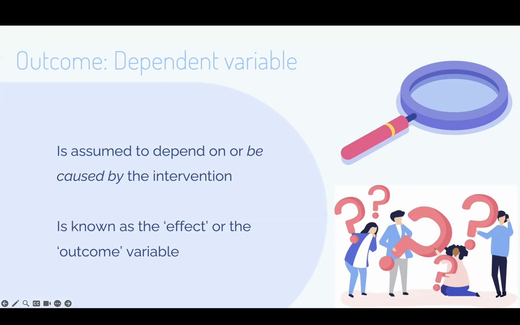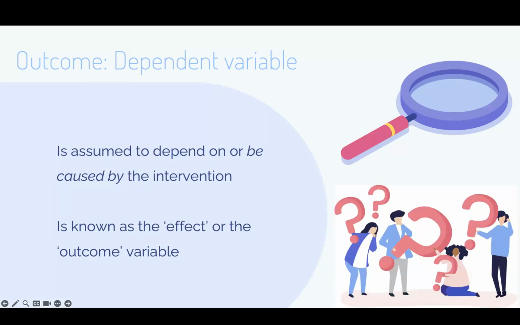The dependent variable is thus aptly named because its value depends upon the conditions set forth by the independent variable. It is what we observe and record to determine the effectiveness or the impact of our intervention. This variable is also referred to as the effect variable because it is the effect of our experimental conditions.